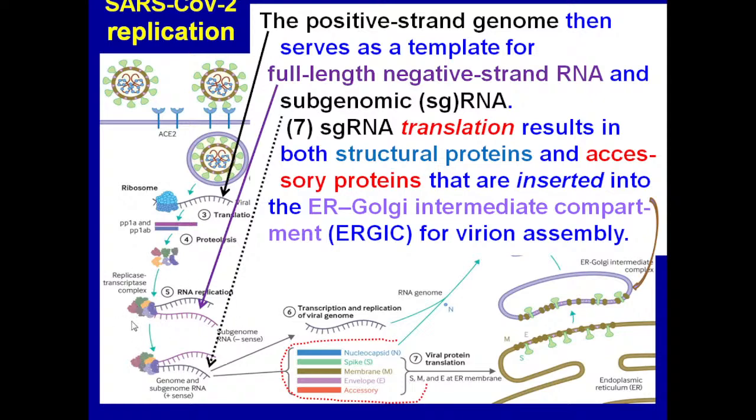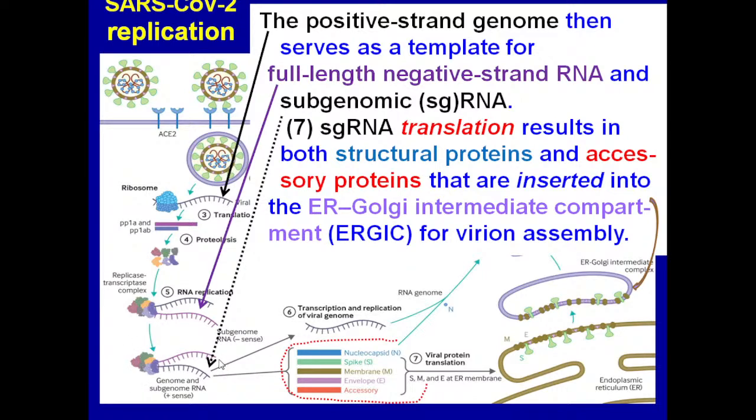So after the replication, when the subgenomic RNA is produced, negative strand, it will be responsible from the negative strand template. It will be responsible for translation of both structural proteins and non-structural proteins.